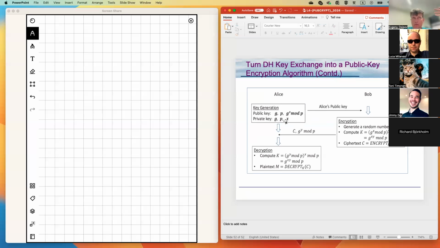Alice, as the first actor in this communication session, creates X as before, and together with G and P, which are publicly known, these three numbers correspond to a private key.